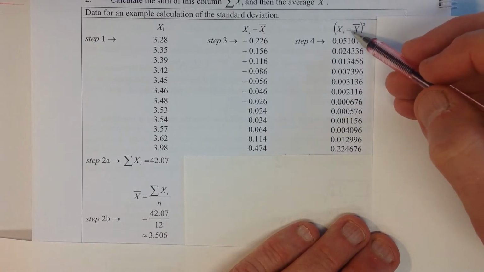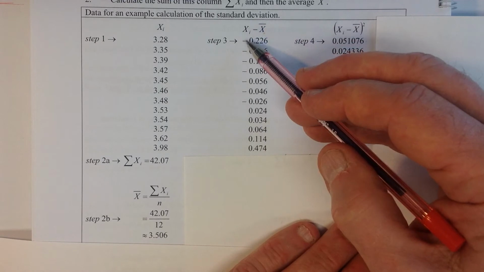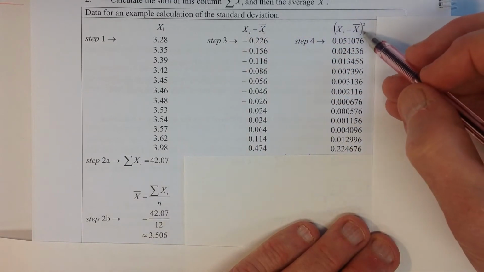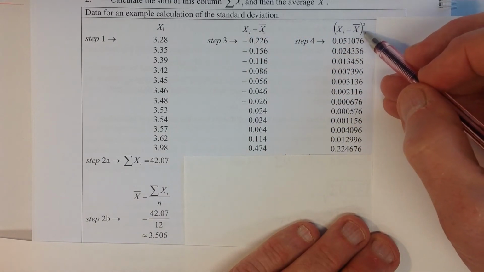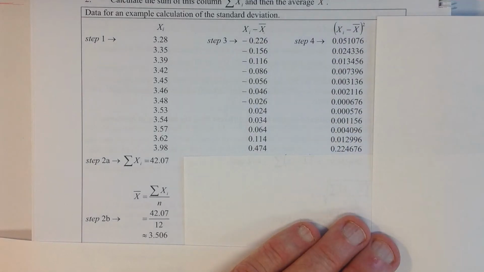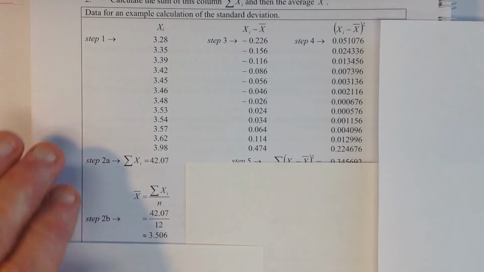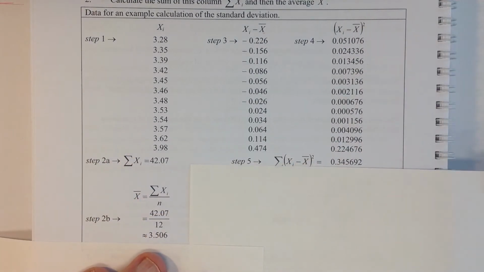But what's this xi minus x bar all squared? Well, that is the deviation from the mean. So this would be the square of the deviation of the mean. And so what we do is let's add up all of those, which we do here.